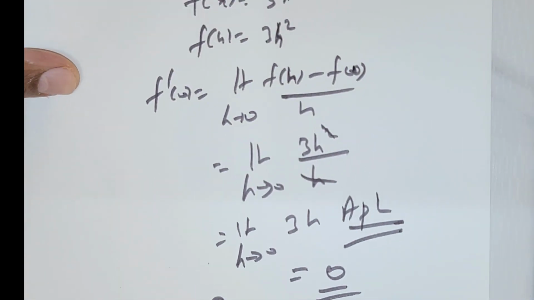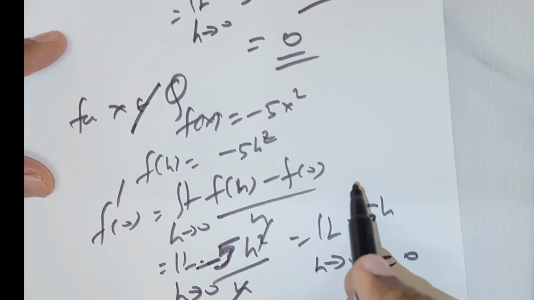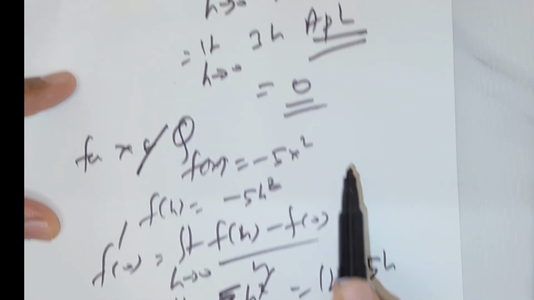So clearly, what do you see there? Both of them are agreeing, right? You have a 0 and a 0. So f dash of 0 is one and the same. Okay, there isn't any change at all.